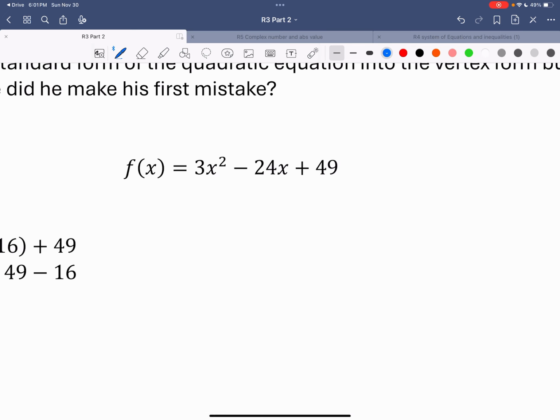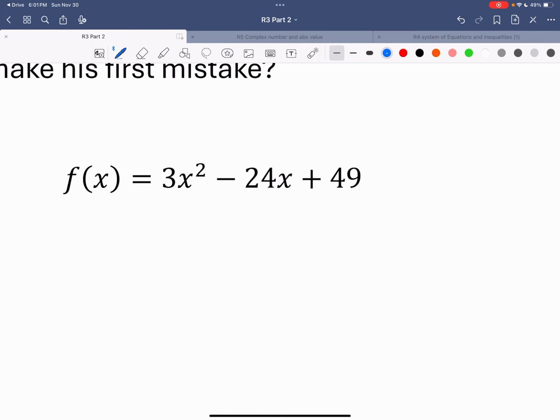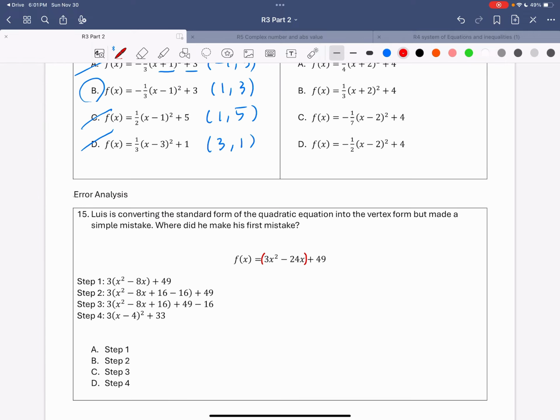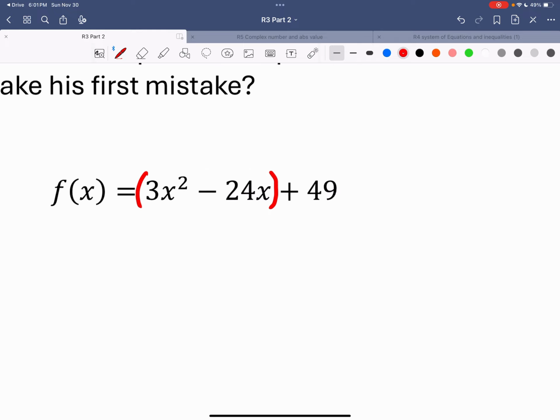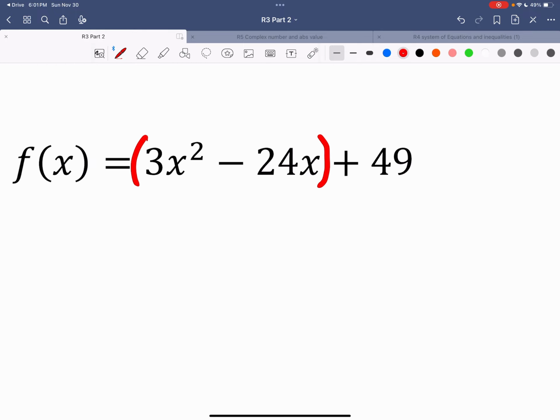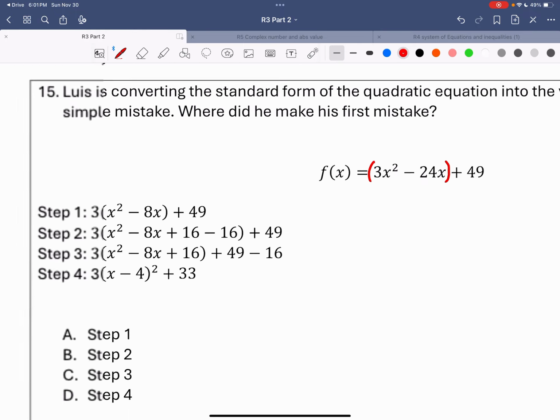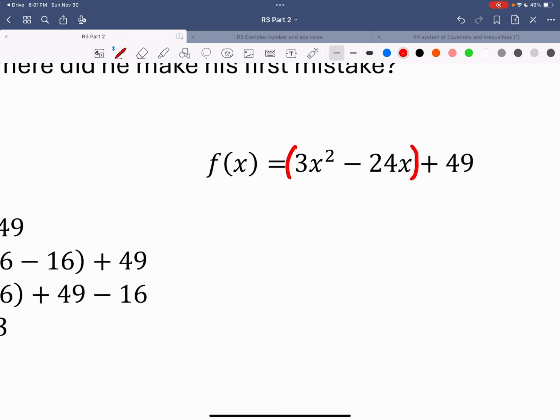So Luis is trying his best. I know Luis, but it's not a big deal. You want to change this one into the vertex form, and you're trying it by hand. What do we do first? First, we set up the parentheses, and then you're going to divide each number by 3, because that's the number in front of x squared.